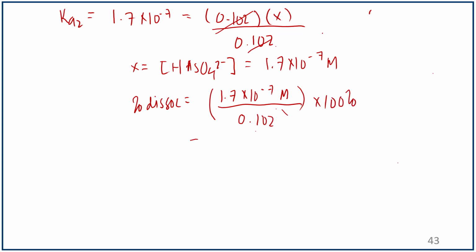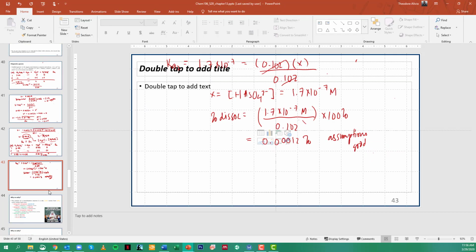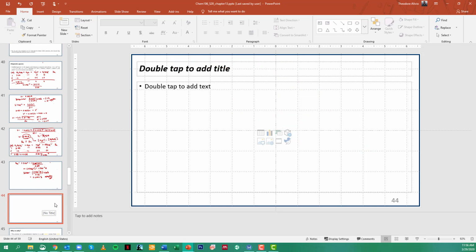We get a really small value, 0.00012%, meaning that our assumptions are good. The next thing that we do is to rinse and repeat basically the same thing that we did here, and do the same thing for Ka3.